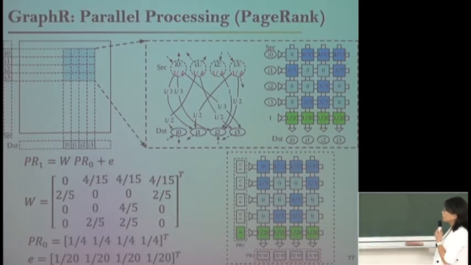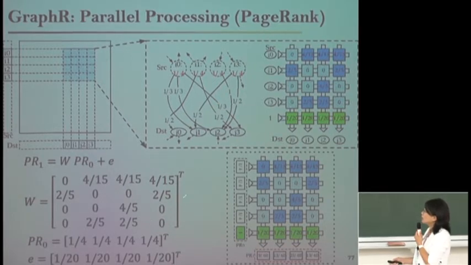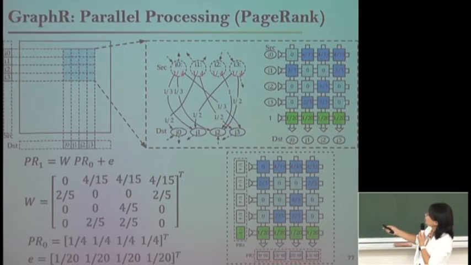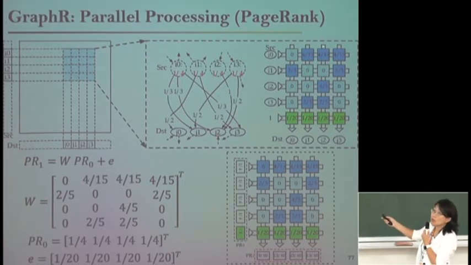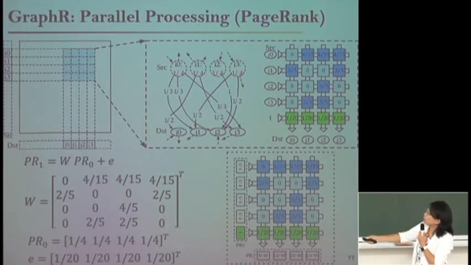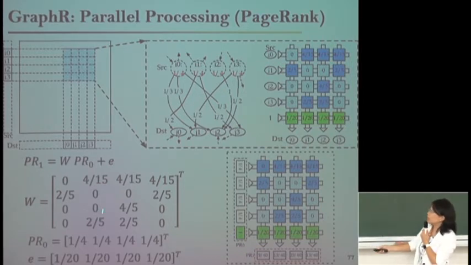So this weight matrix we can map to the 4x4 crossbar array, or to sub-arrays in bigger crossbars. In order to calculate this, we can supply the PR0 simultaneously through the input.